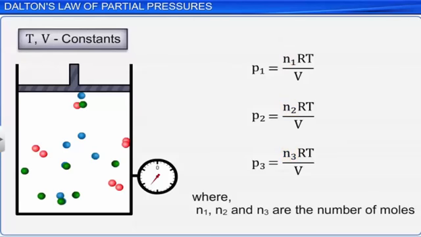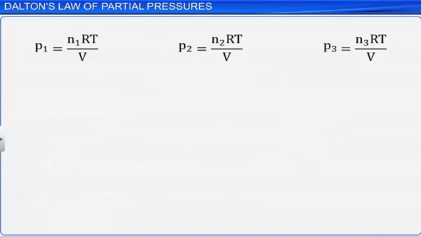According to Dalton's law of partial pressures, the total pressure exerted by the mixture of gases P total is equal to P1 plus P2 plus P3.